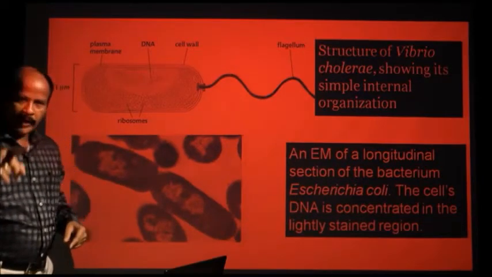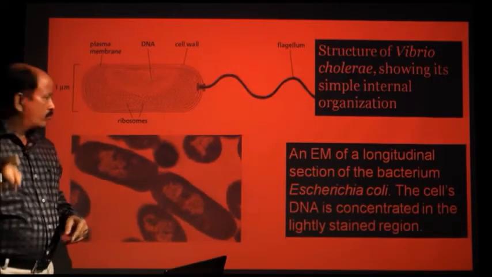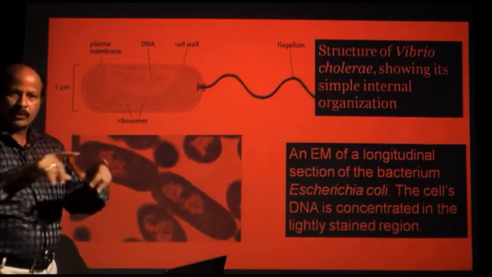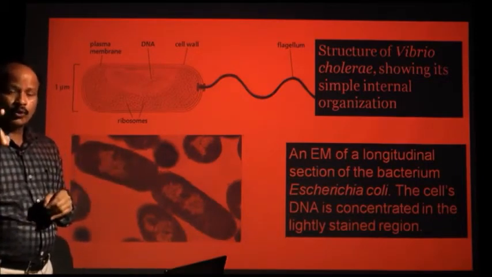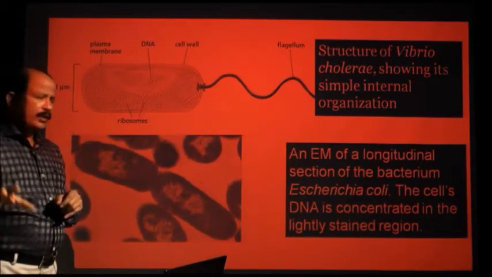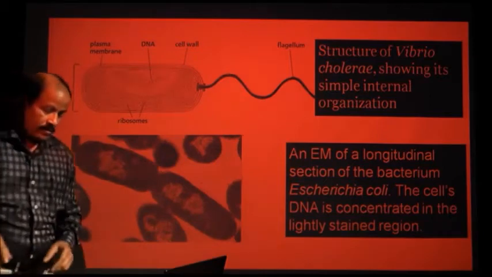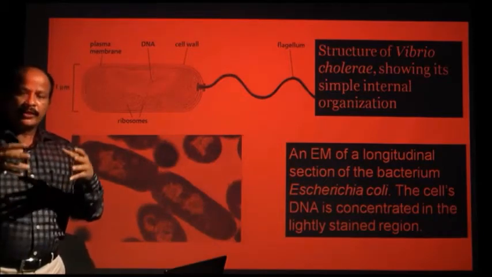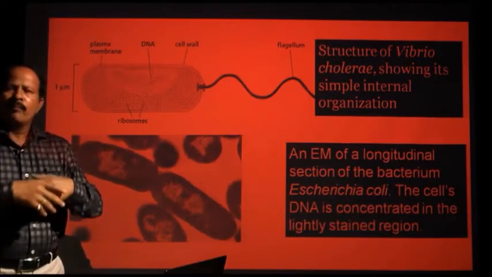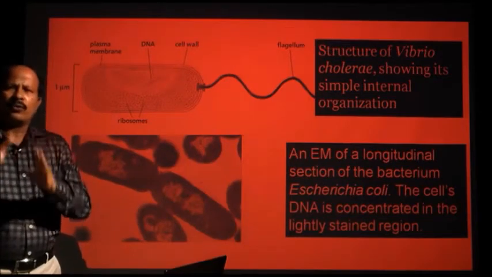And why not a circular form? Because this bacterium E. coli is a rod shaped bacterium, the most thoroughly studied organism on this earth. Much data is available on this, and whenever we go to DNA replication, translation, protein synthesis, many things, it is based on E. coli.